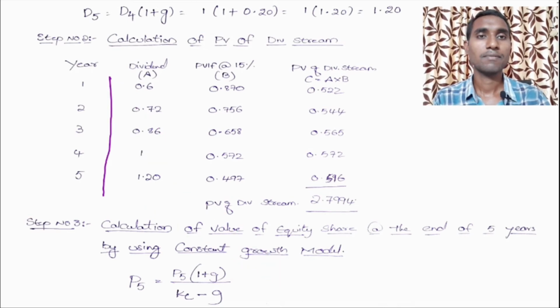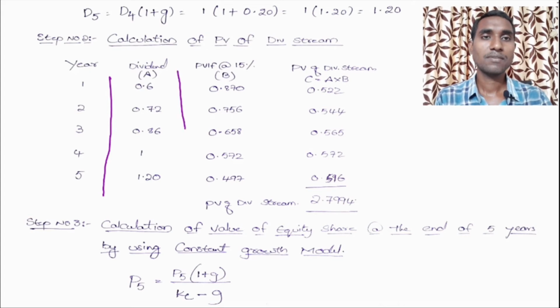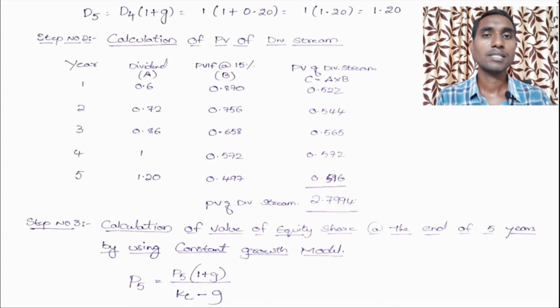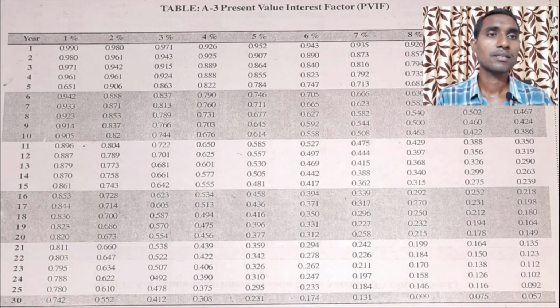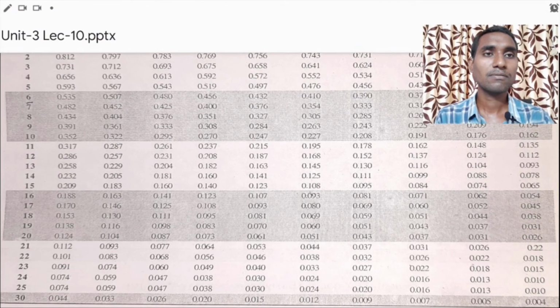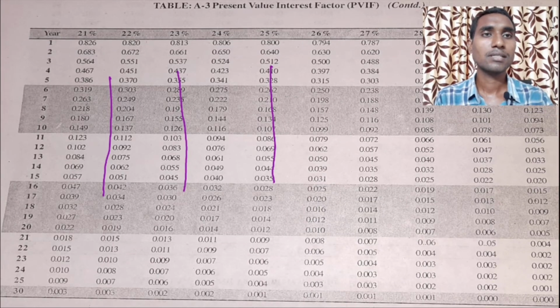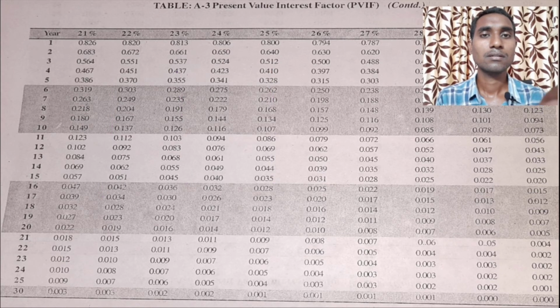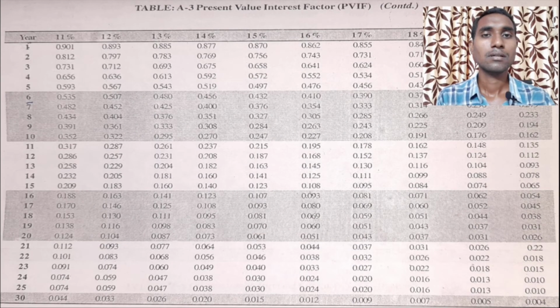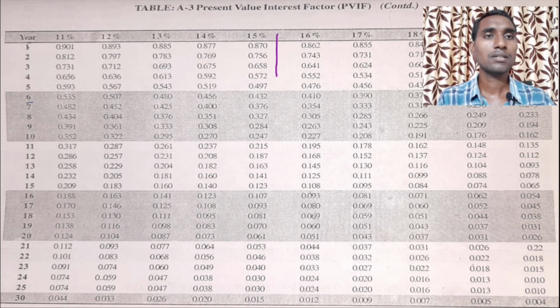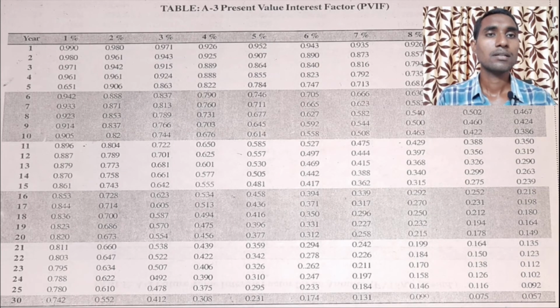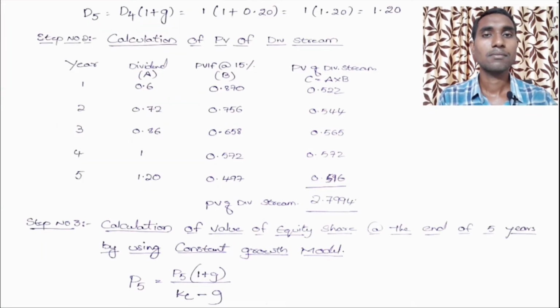I took the dividends for 5 years, and by seeing the A3 table at 15% for 5 years, we need to look into the A3 table and note down these values.